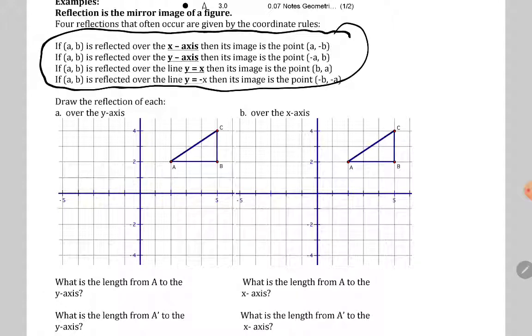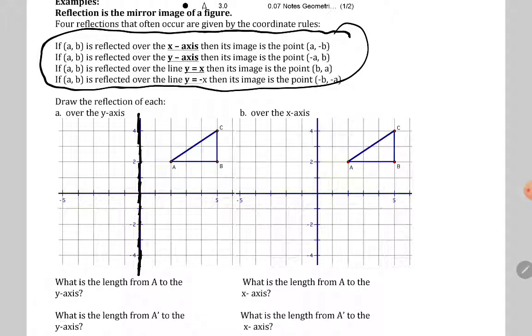Draw the reflection of each over the y-axis, and then over the x-axis. Remember, the y-axis is the one that goes up and down. So here is my line of reflection. Just imagine flipping the triangle over to the other side like a pancake. Flipping the pancake over. And this is how it works.